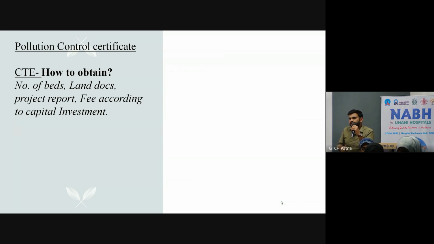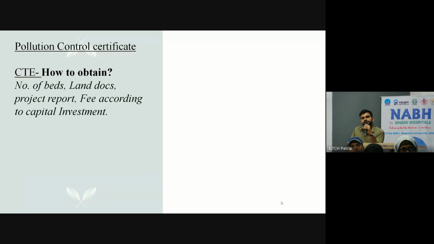Next is the land document. As I showed you already in my first slide, those are the land documents. These are needed while we are registering for the consent to establish certificate. Next is the project report, which I showed you in that site map layout. That was the project report, and a completion report was also there, mentioning the takeover and handover of the building.